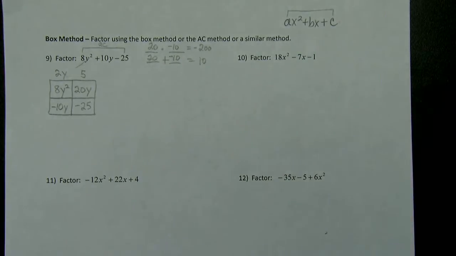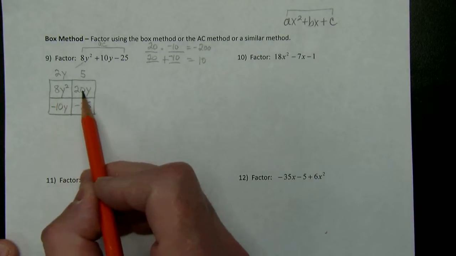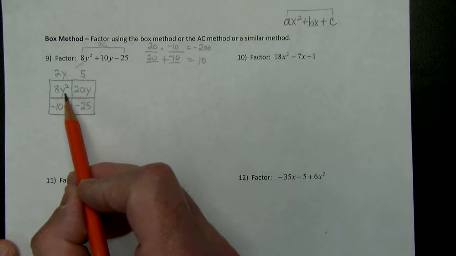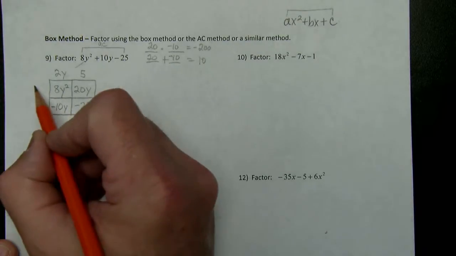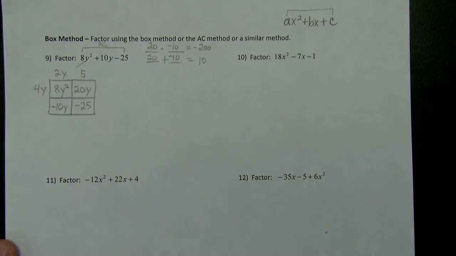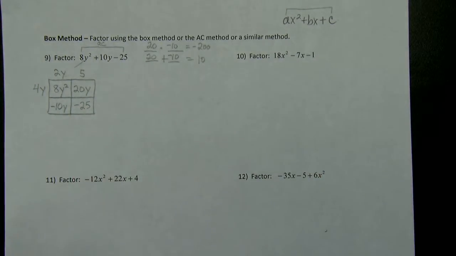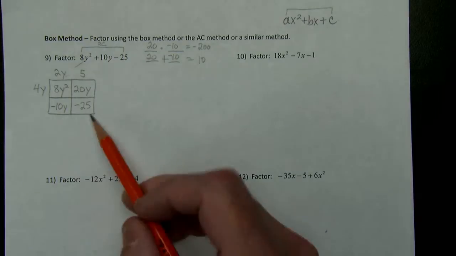Do the same thing with the row, 8y squared and 20y. I can take a 4 out of each one, and a y, so 4y. And for the bottom, I can take out a 5 and no y, because there's no y in the second one.